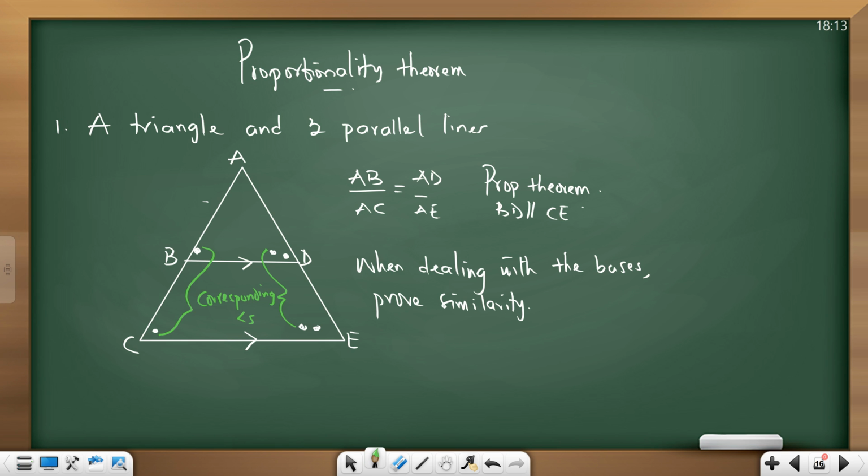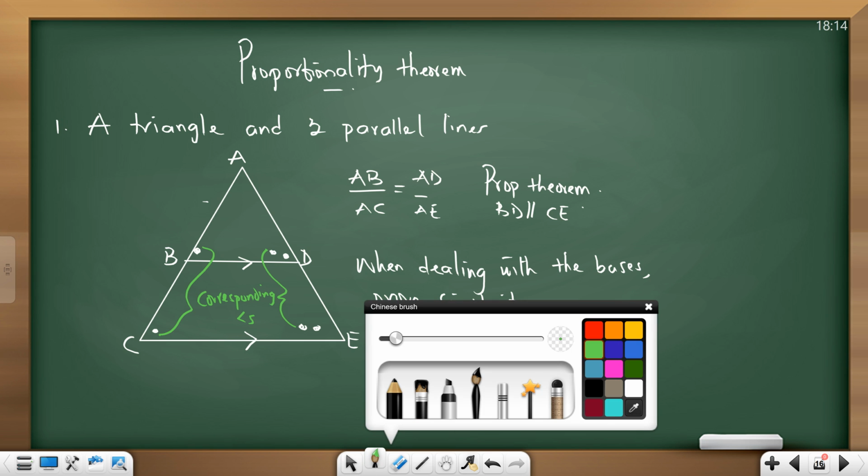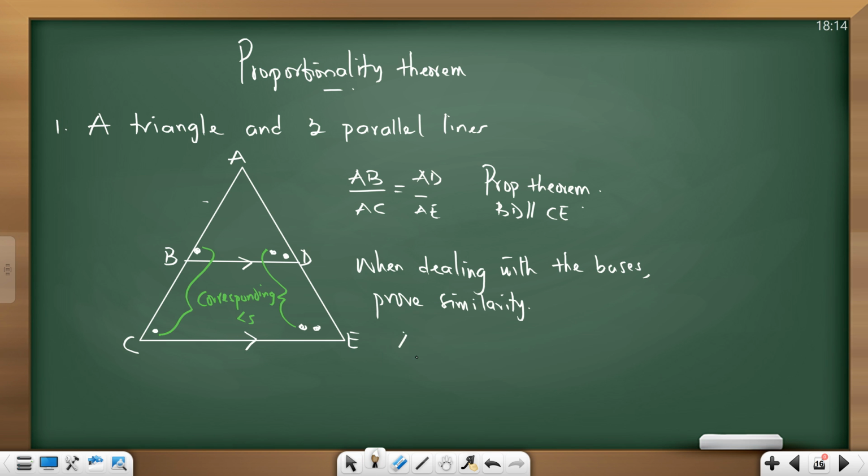So anytime the examiner is requesting the base, you have to deal with similarity. And you would see here now that triangle ABD is similar to triangle ACE.